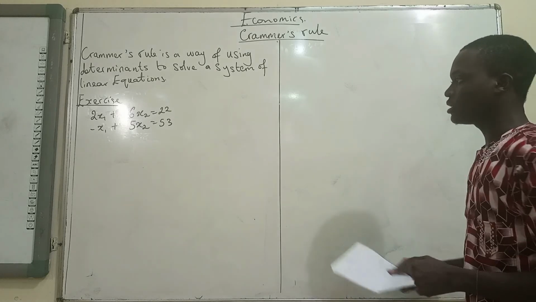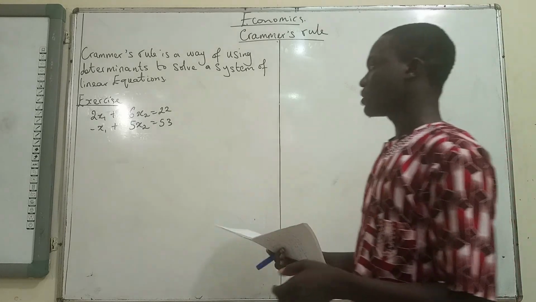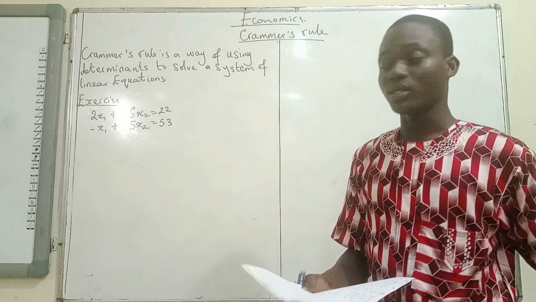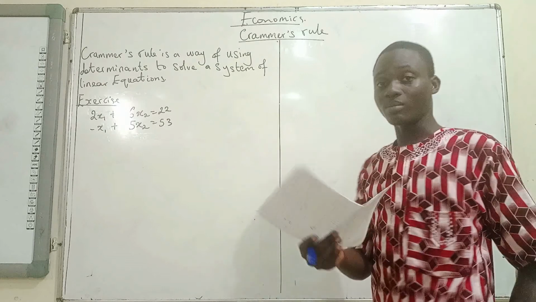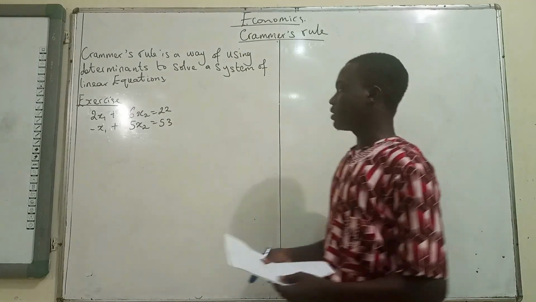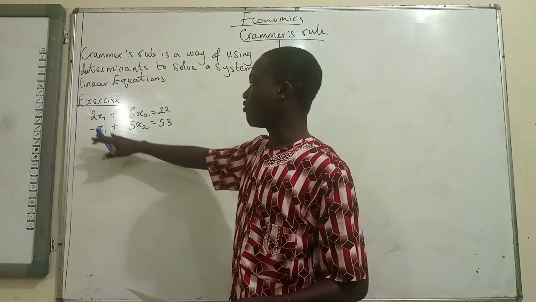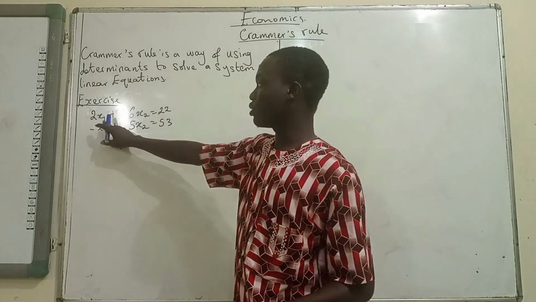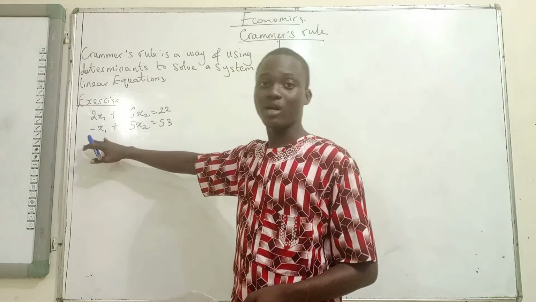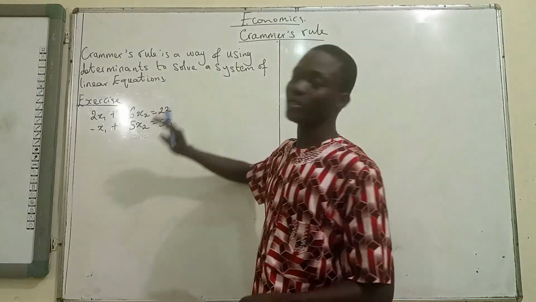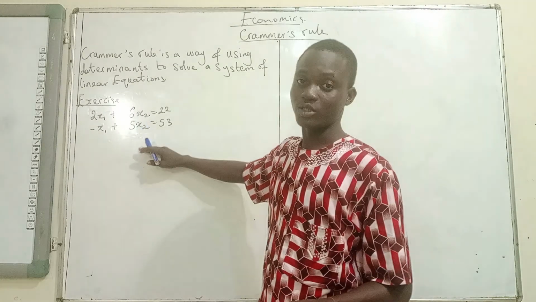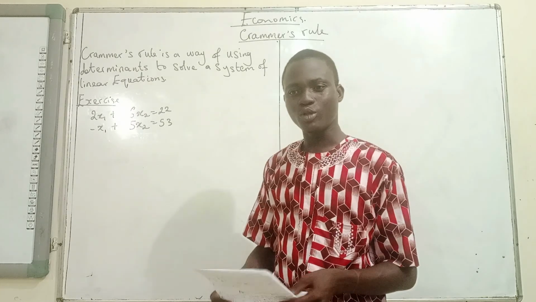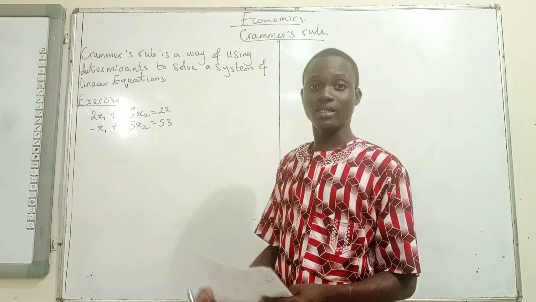We have an exercise on the board which says 2x1 plus 6x2 equals 22, and minus x1 plus 5x2 equals 53. Just as when we're talking about the inverse method, students need to take note of the positions of the variables. There is 2x1 here, and make sure that the corresponding variable below is x1. There is 6x2, and make sure the corresponding variable below it is x2. Sometimes they get mixed, and because students are not careful, you just want to get an answer.